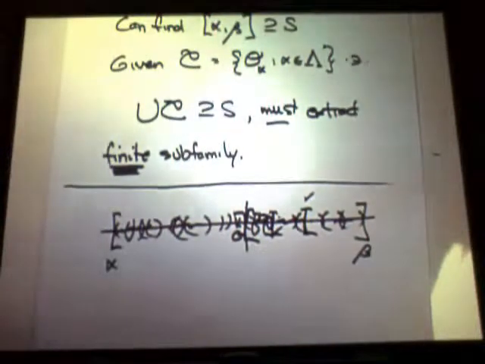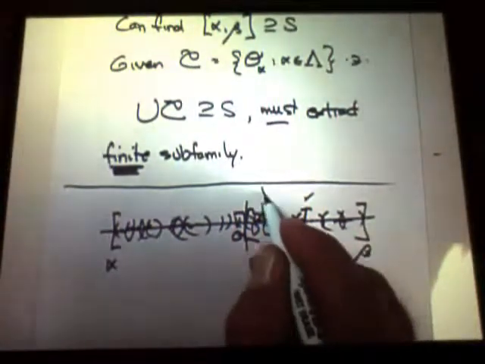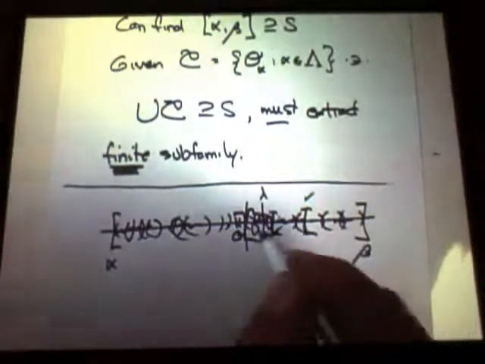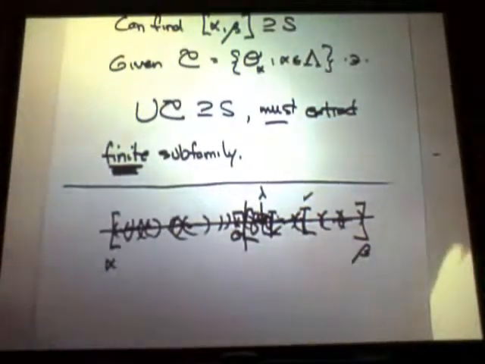By the intersection theorem, there's a common point, lambda. Is that lambda inside or outside S? S is closed, remember? Lambda is a limit point for S. So lambda had better be where? Inside S.